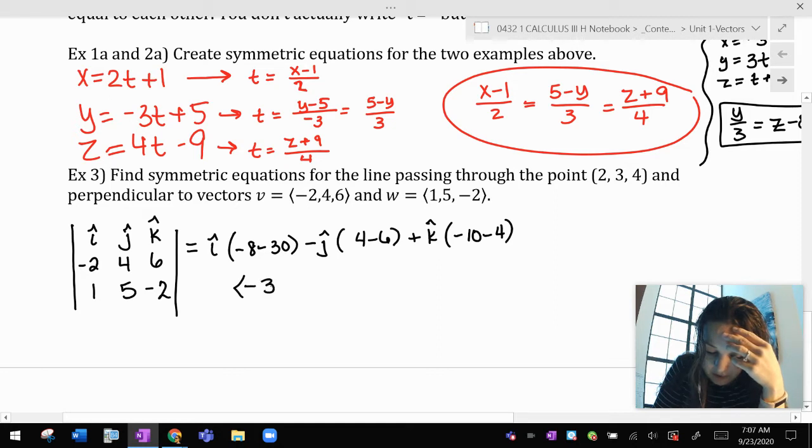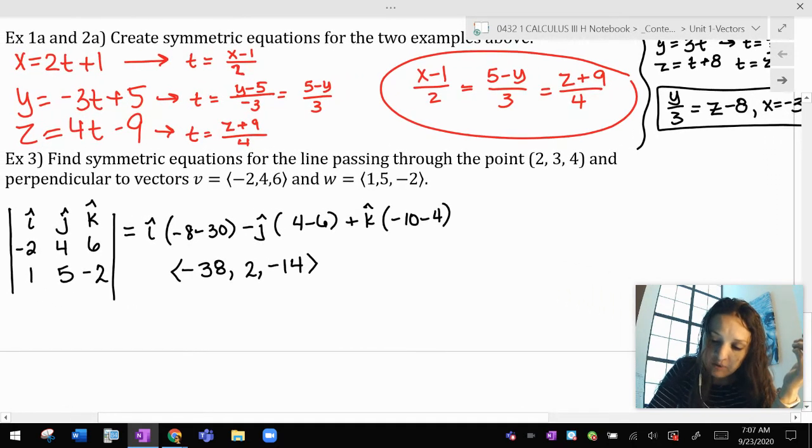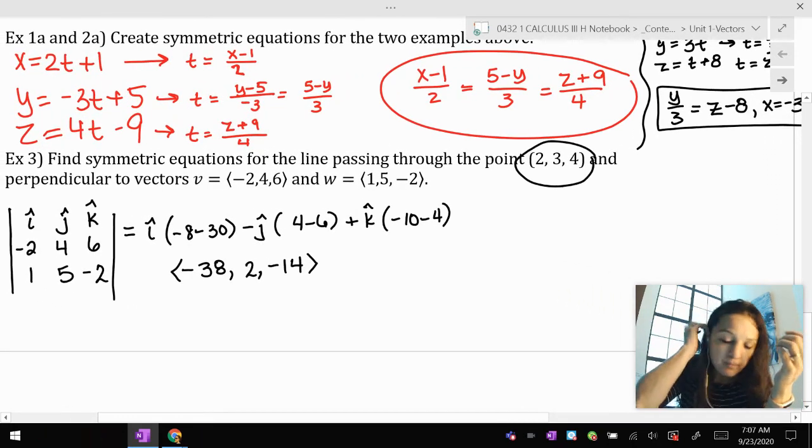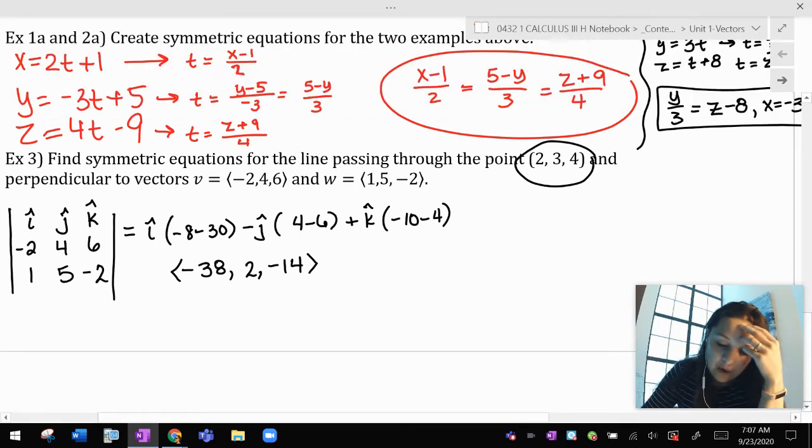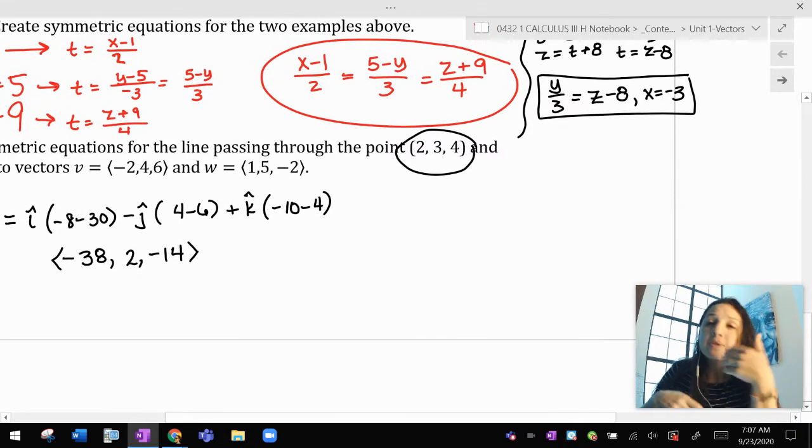I got a perpendicular vector of negative 38, positive 2, negative 14, which you can use as is, or you can shrink it down. I don't really care. And it has to pass through the point 2, 3, 4. If I want to write that in symmetric form without creating a parametric set first, in parametric form, you add the point.